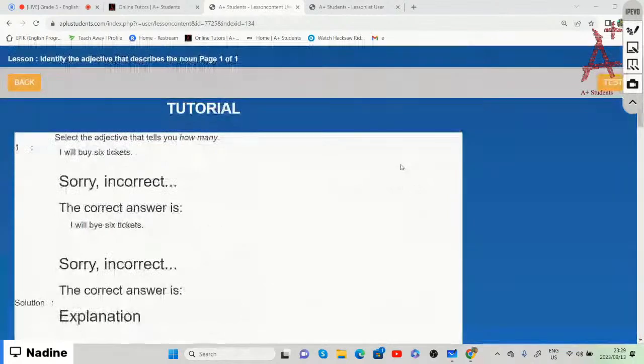All right. So that is us identifying the adjective that describes the noun. And we were saying that adjectives that describe the noun also answer questions like what kind, or questions like how many.